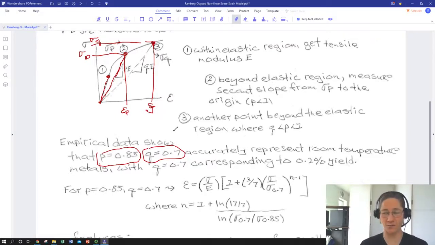These are ductile metals. They have good fracture toughness generally. They're fairly easy to machine. They're fairly cheap. They're recyclable. So they're things you're going to use.